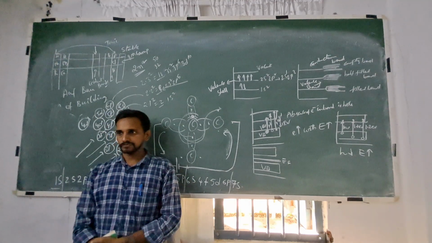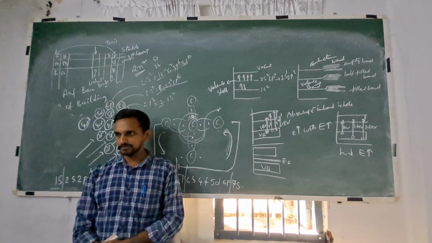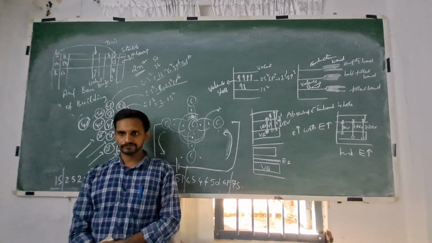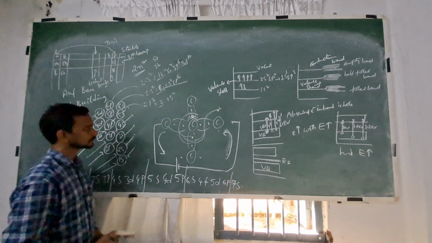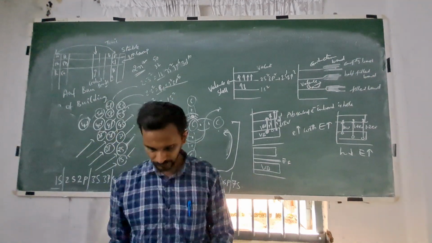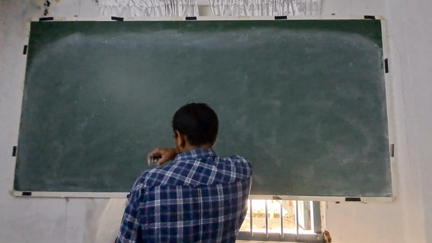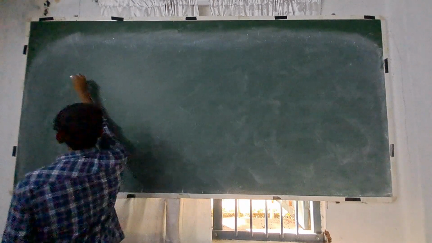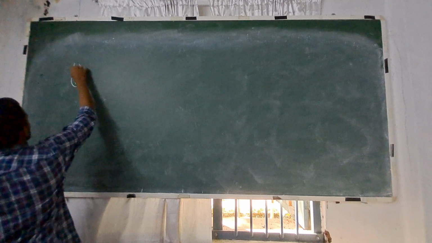So this is all about intrinsic semiconductor. Now what happens if I dope with certain elements, a pentavalent element? I'll clear this. So now comes the case of doping. I replace the carbon atom with a pentavalent impurity.